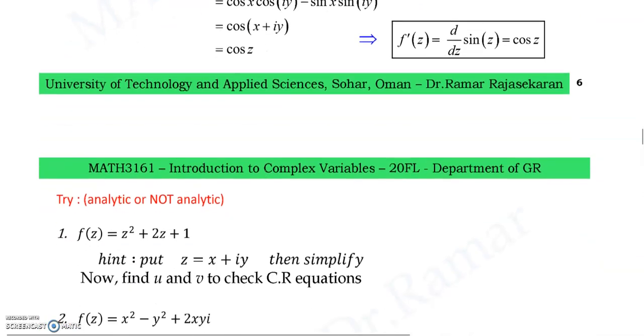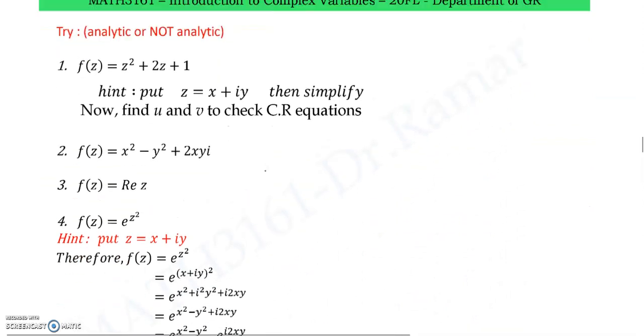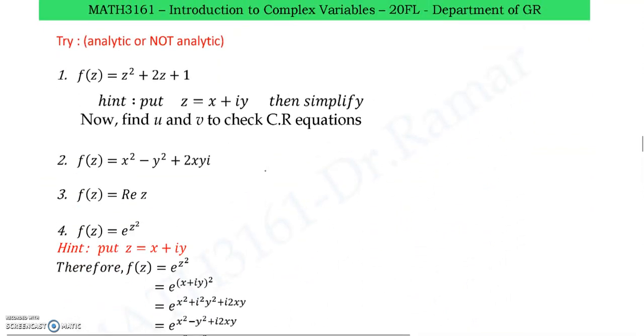Now you see I have given here 4 questions to check whether the given functions are analytic or not analytic. The first one, you can try these 4. What is f of z? That is z square plus 2z plus 1. Now put z equal to x plus iy here, then you find u and v, then you check the CR conditions.